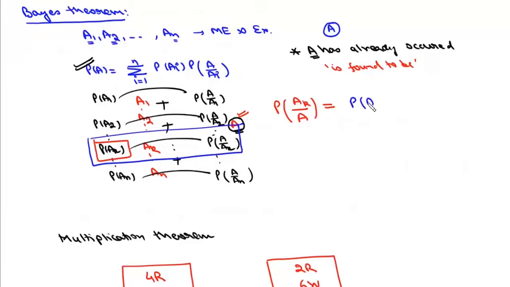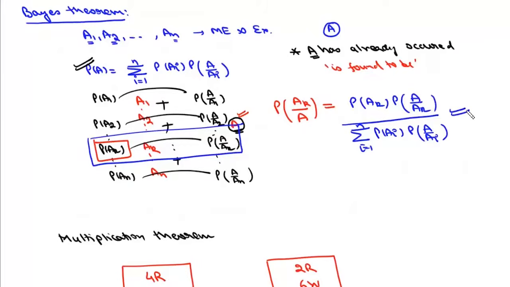So it will be probability of AK into probability of A by AK, and total probability in the denominator, that is total probability of occurrence of this event A. So it will be the sum of probability of Ai, probability of A upon Ai, where i varies from 1 to n, and this is our Bayes theorem.